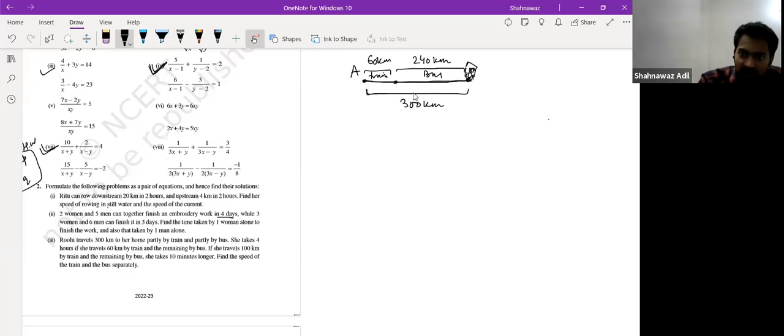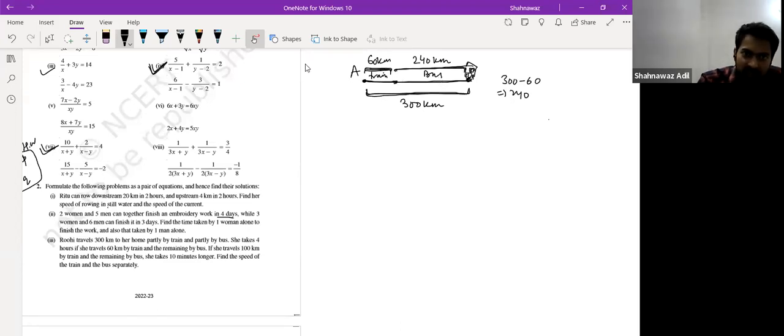From here to here it is 300 kilometer, and she has covered 60 kilometer by train, so what is the remaining distance? 300 minus 60, so this is 240. This is the remaining distance which she covers by bus.